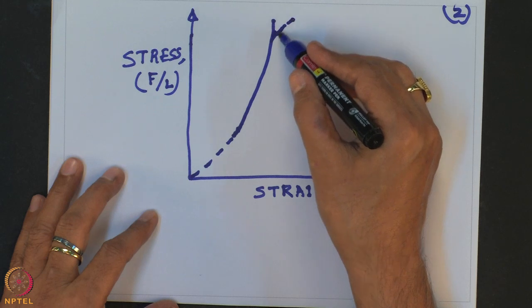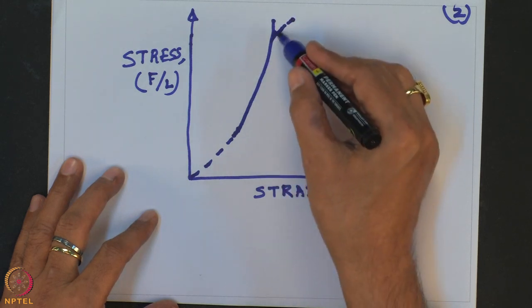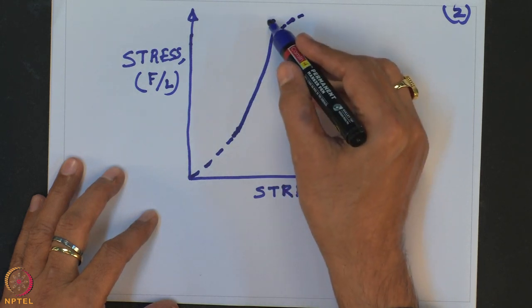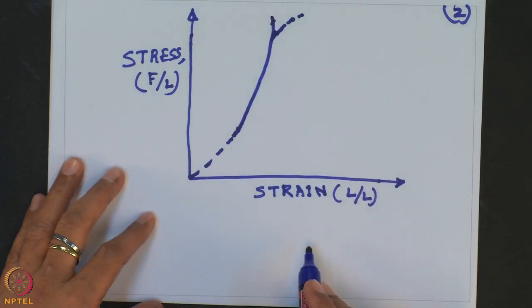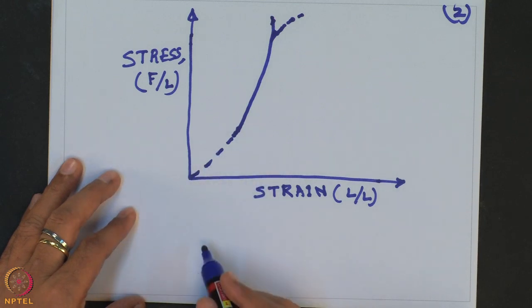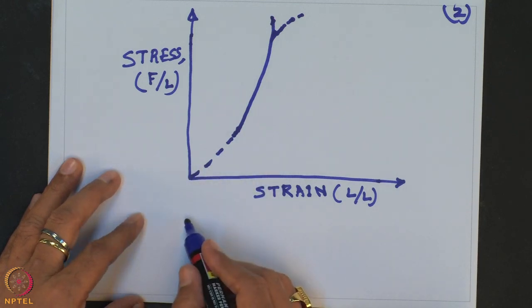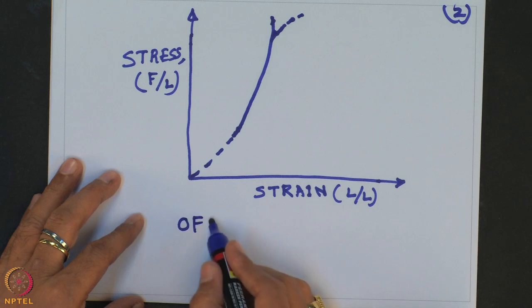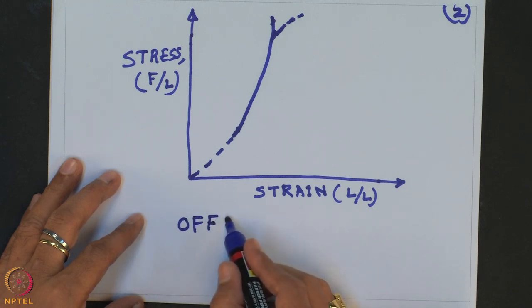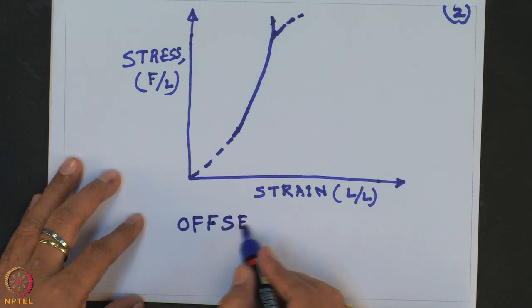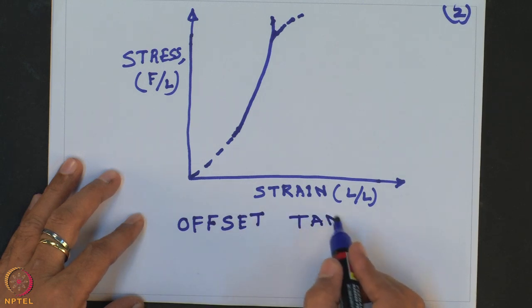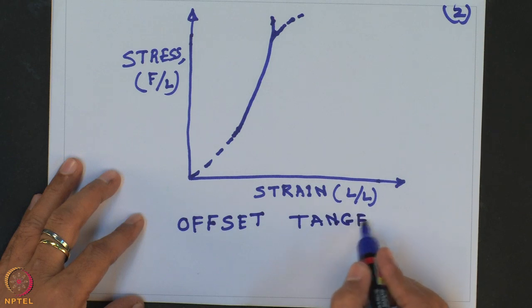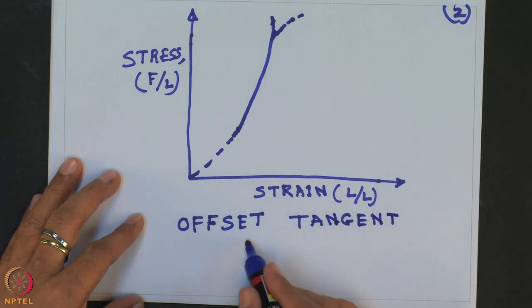This is the nature of the curve of a geosynthetic material. From this nature of the curve you can determine the offset tangent modulus.